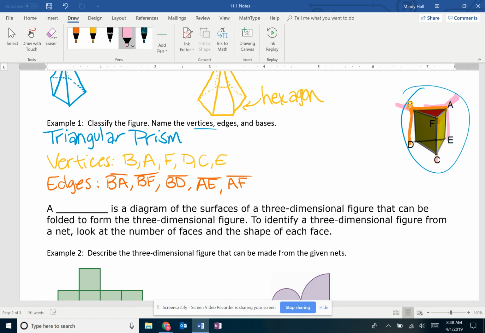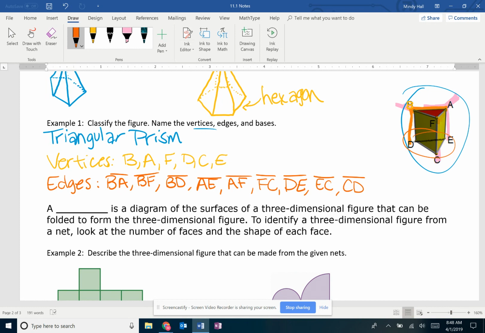But F also has this one on the front, that FC. So we're just going to add it in there. And then we're left with just the three sides at the bottom. So that would be DE, EC. Ooh, that DE looks terrible. DE, EC, and CD.